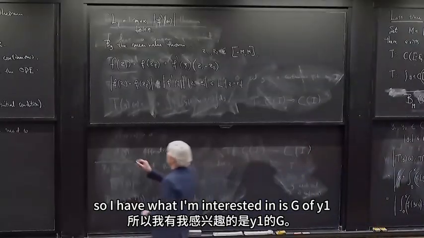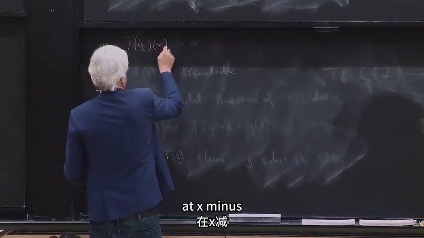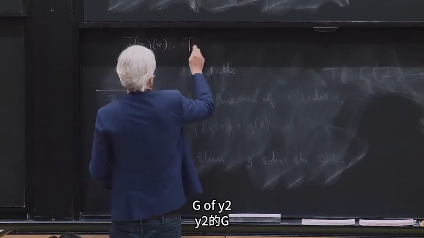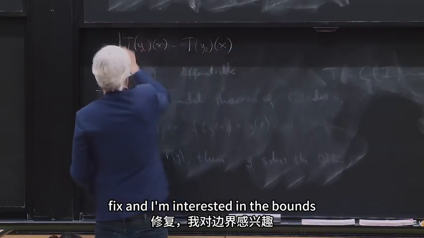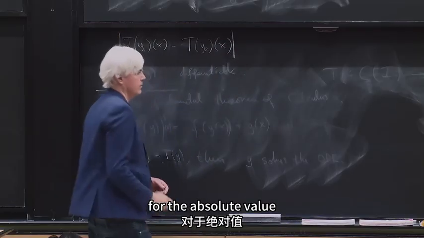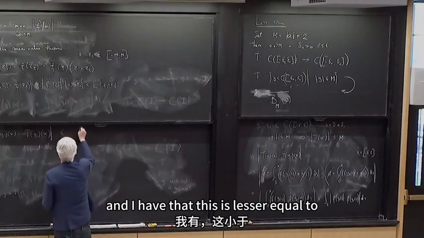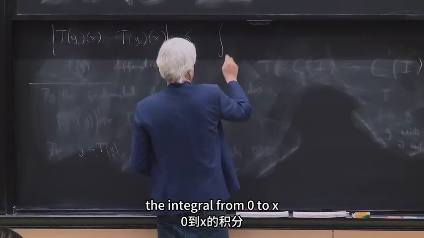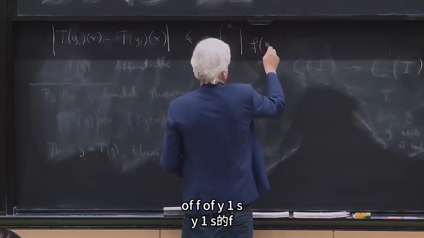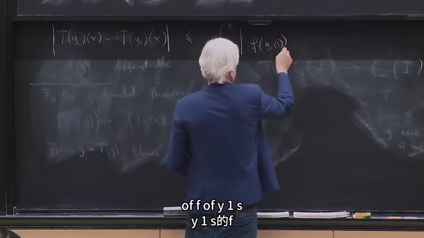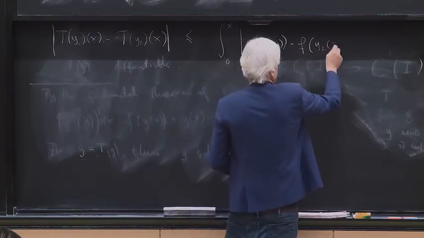What I'm interested in is T of y1 at x minus T of y2 of x, and I'm interested in the bound for the absolute value. And I have that this is less or equal to the integral from 0 to x of the absolute value of f of y1 of s minus f of y2 of s ds.